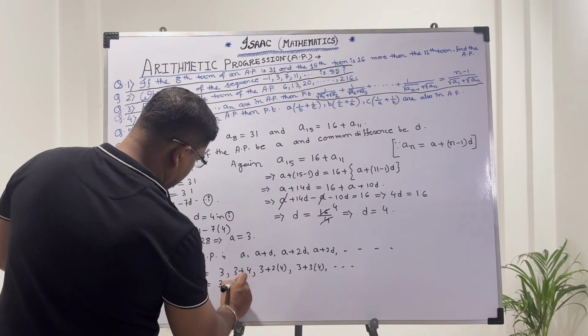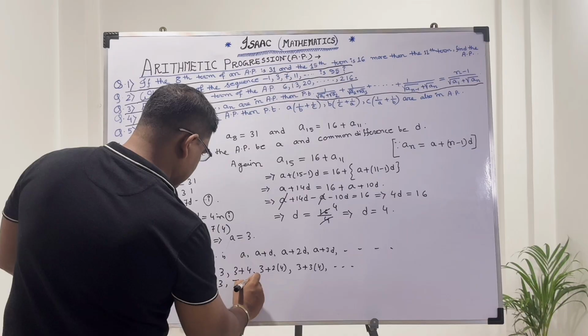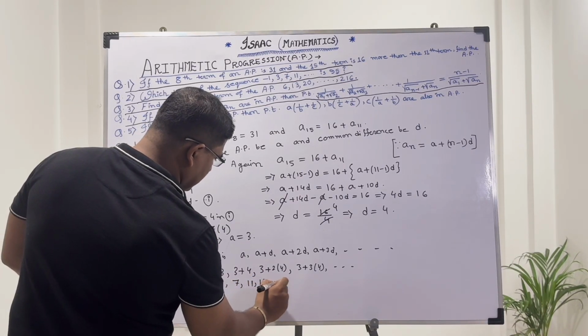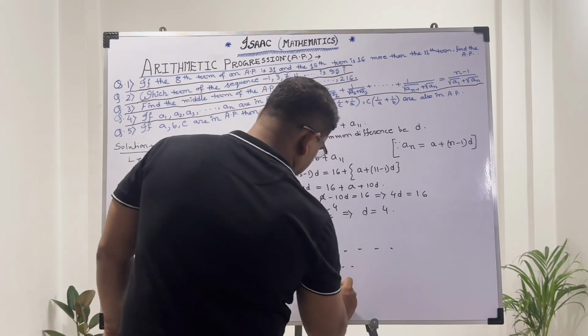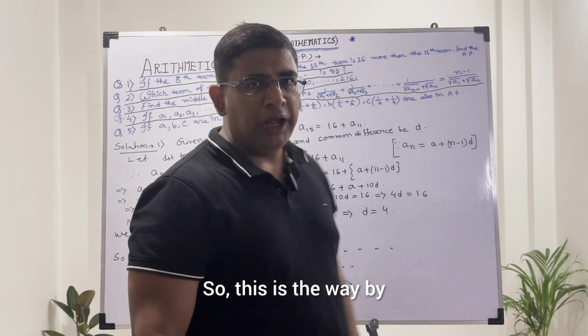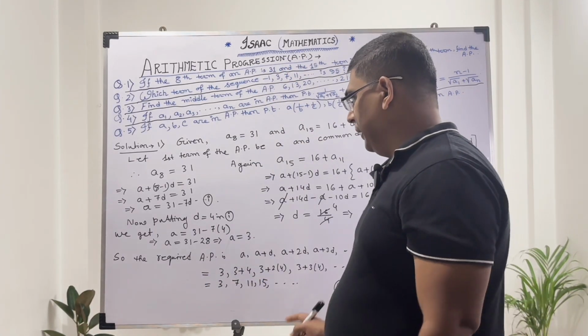That is 3, 7, 11, 15, continuing. So this is the way by which we can find this AP.